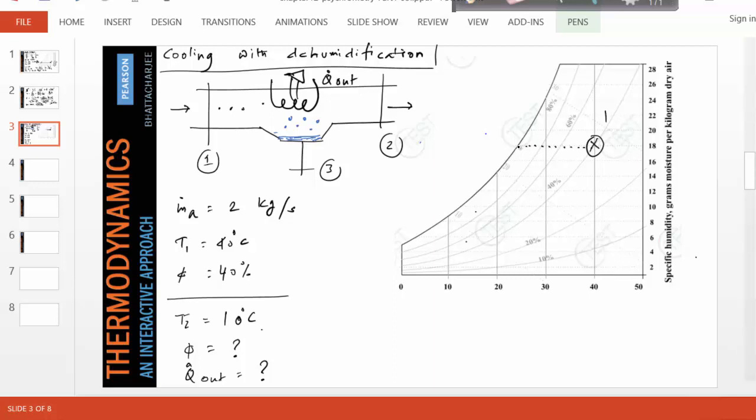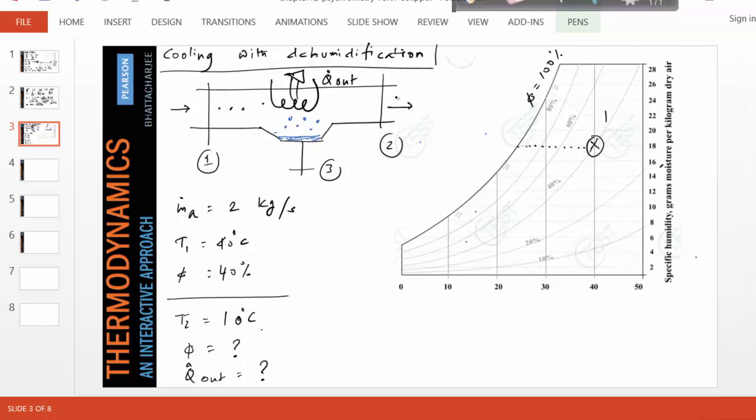But at some point, we'll hit the saturation line. Remember, this is our phi equals 100% line. So the air is now saturated, and what will happen if I cool any further? Moisture will drop out. Once the air is saturated, it will always remain saturated.